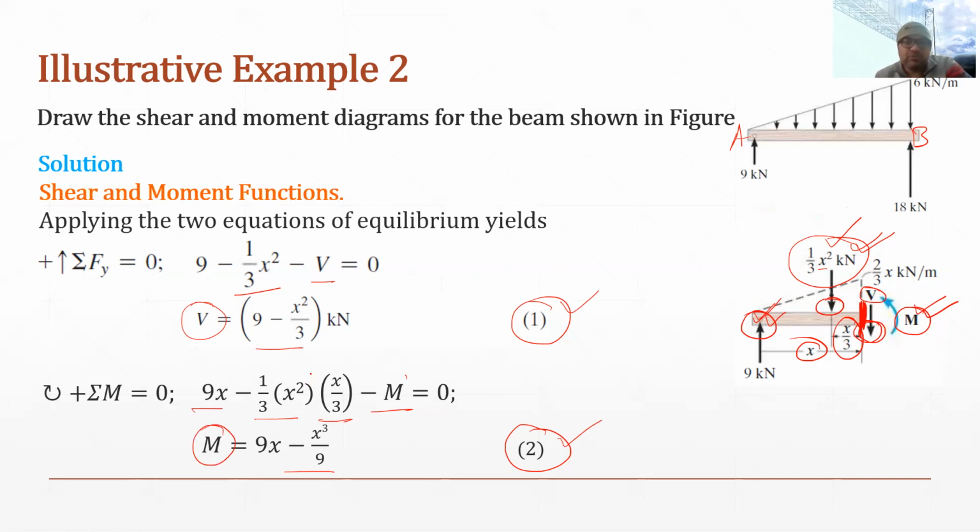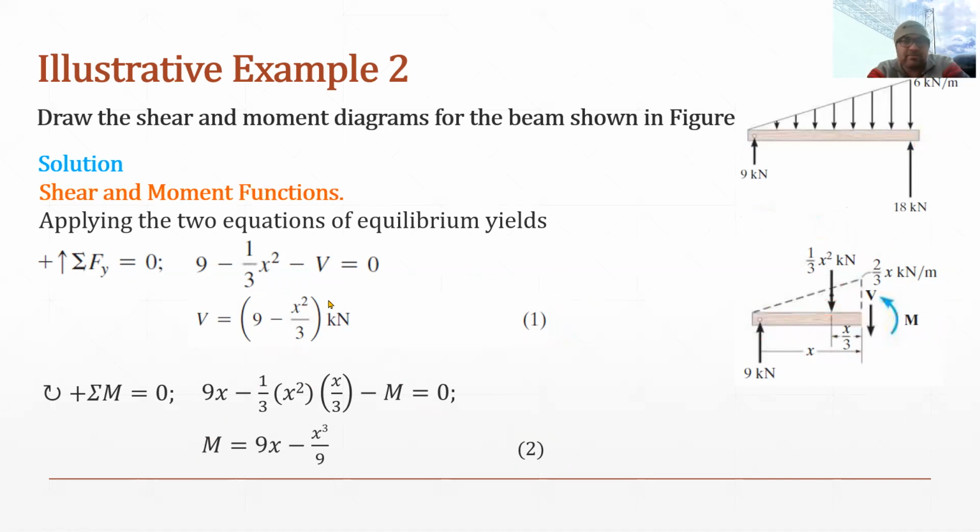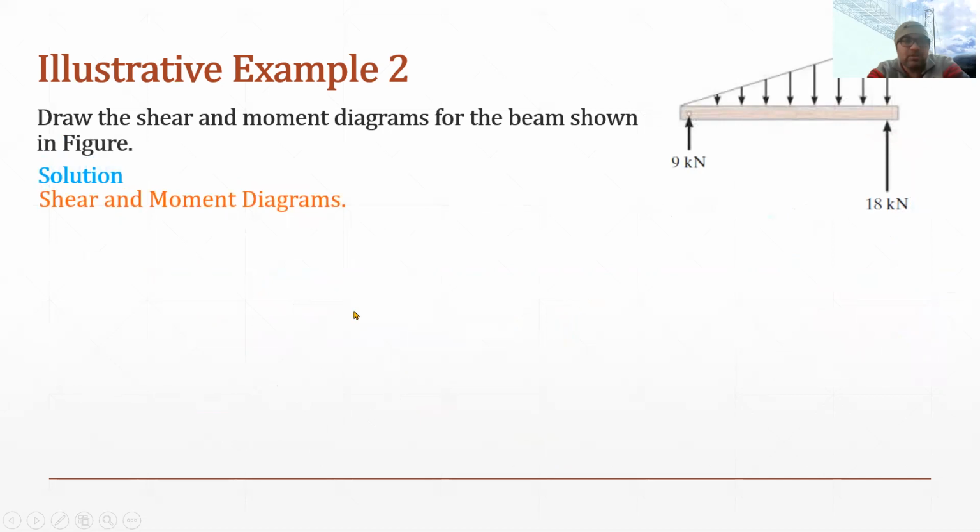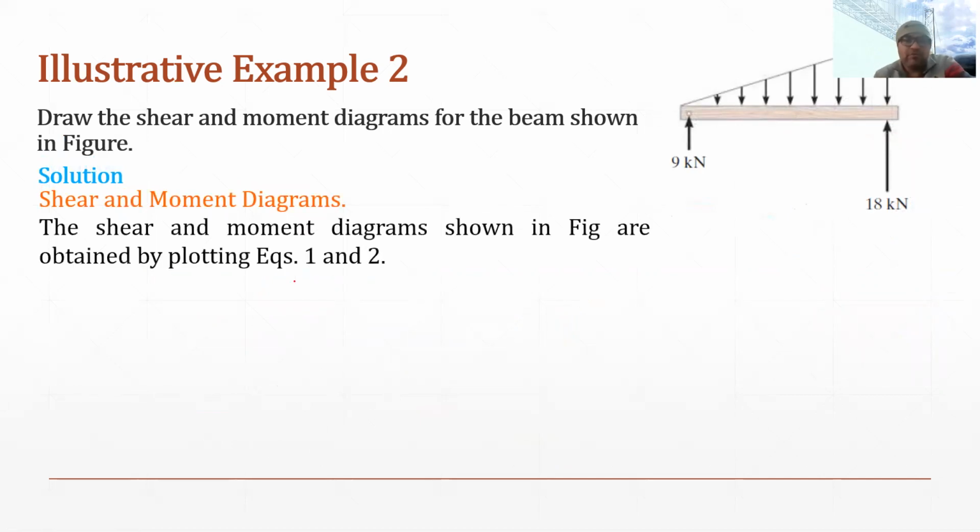So now we have these two equations, and with these two equations we will plot the shear force and moment diagram. So using equation 1 and 2, we can now draw the shear force and moment diagram.